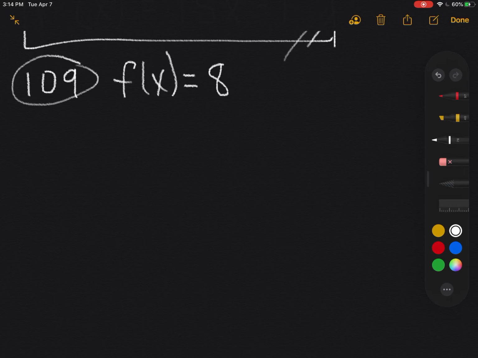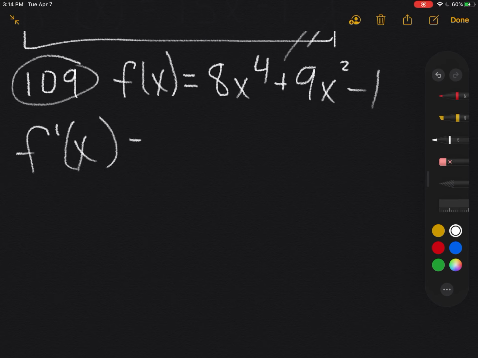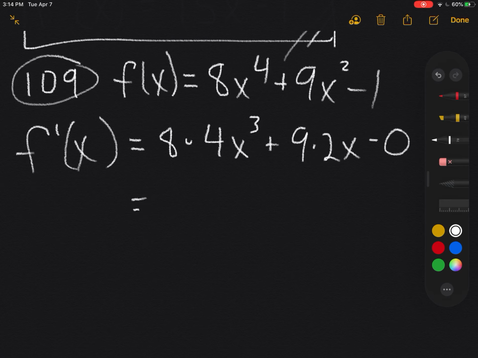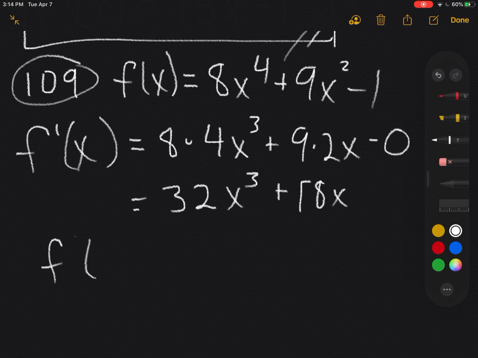So here we have for 109, f of x equals 8x to the 4th plus 9x squared minus 1. So f prime of x will be 8 times 4x cubed plus 9 times 2x minus 0.